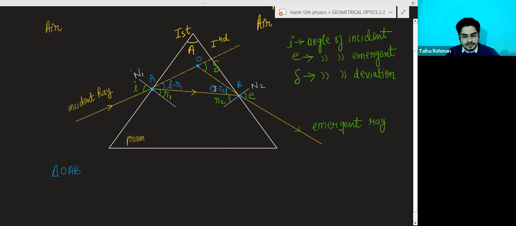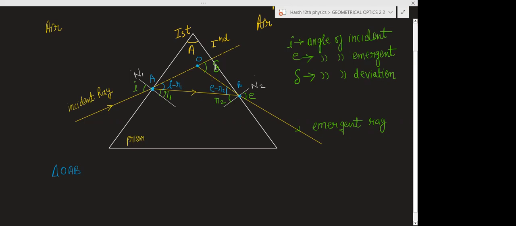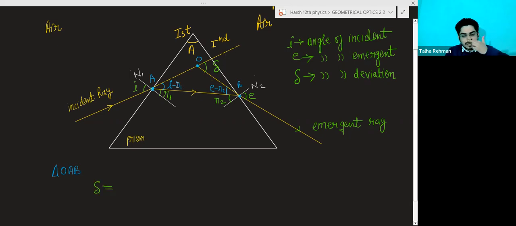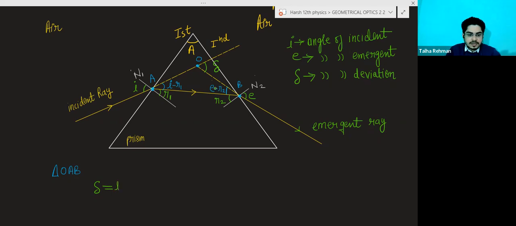In a triangle, the exterior angle, that is delta, is equal to the sum of the opposite interior angles. So delta is equal to I minus R1 plus E minus R2.